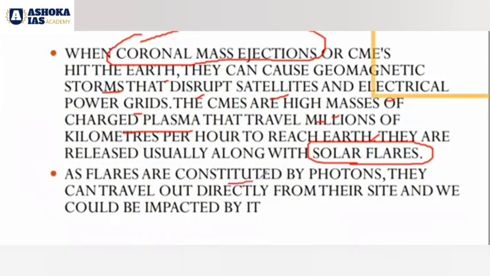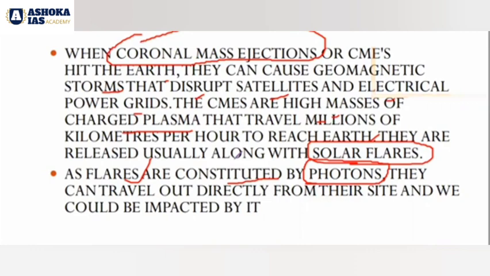And flares are constituted by photons; photons are packets of energy, they are light. Solar flares, as you know, are composed of both light and charged plasma, highly charged plasma, along with photons. Photons mean light. They can travel out directly from their site, and we could be impacted by it.